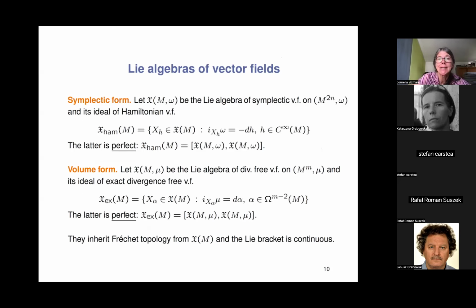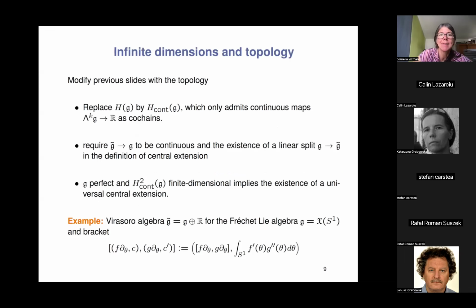I have a stupid question about the previous transparency. Yes. So the perfectness condition is understood on the nose. So in this topological case, it's again equivalent to the commutant of G with itself being equal to G, or you need some completion there? Okay. You might be right that one needs something.